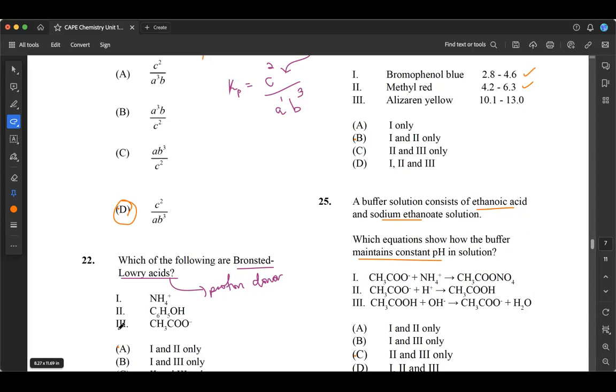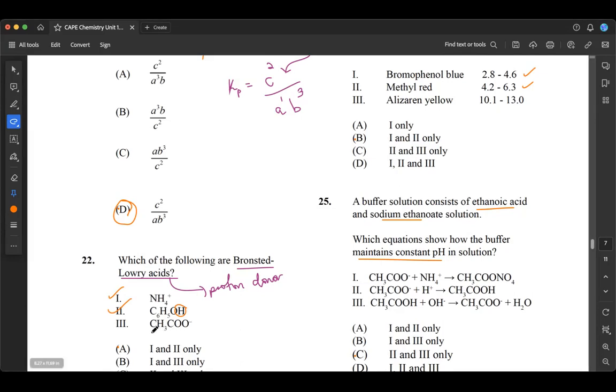And so if we look at this, we see that this is the ammonium ion. And if the ammonium ion donates a proton, we're going to end up with ammonia, and that's possible. So this is a possibility, right? We look at this phenol here. There's a hydrogen here that's capable of being removed, thereby being a proton donor. And so this could be a Bronsted-Lowry acid, right?